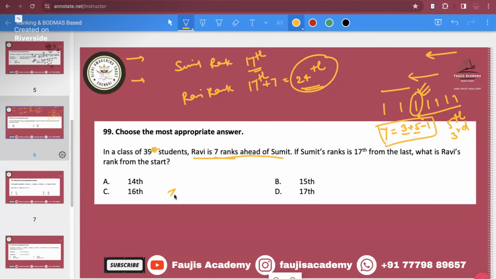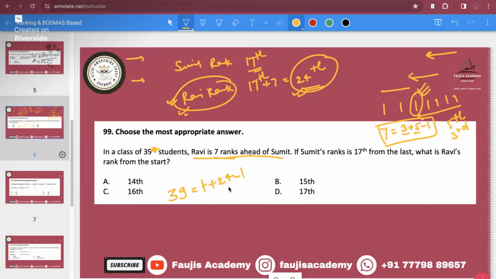So the total number of chaps, 39, is equal to somebody's rank, specifically from Ravi's point of view. His rank from top, we don't know. Let's write it as T. That's what we need to find. Plus his rank from bottom, that is 24th, we have deciphered over here. Minus 1.